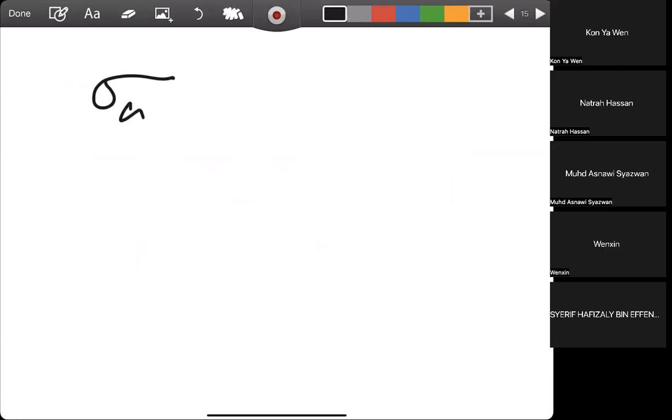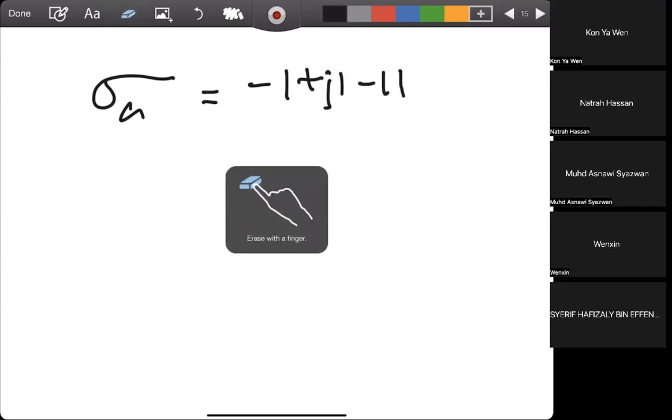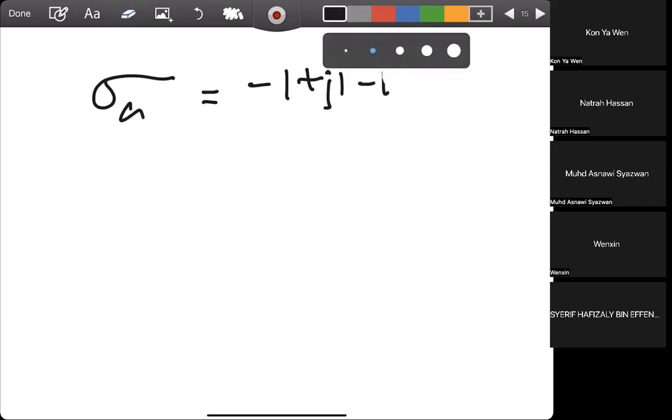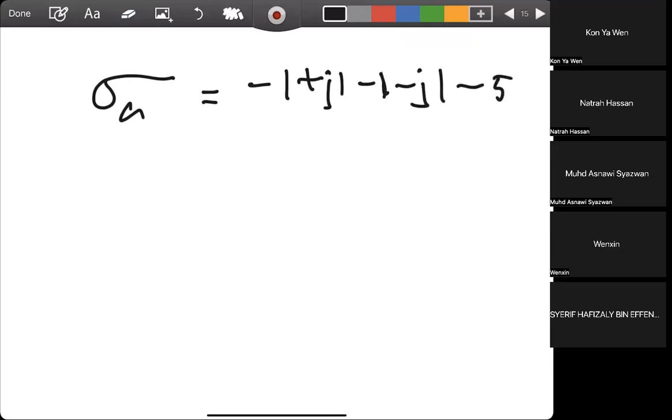Then the intersection of the asymptote lines is found by using the formula: the sum of the poles, which is -1 plus j1, plus -1 minus j1, plus -5, minus the sum of the zeros, there are no zeros, divided by the number of poles minus zeros, which is 3 minus 0.